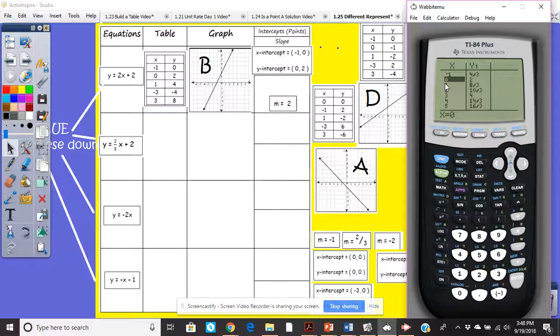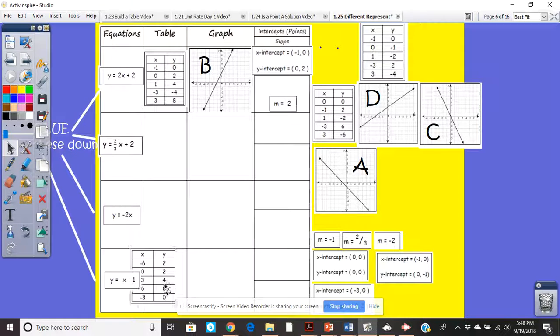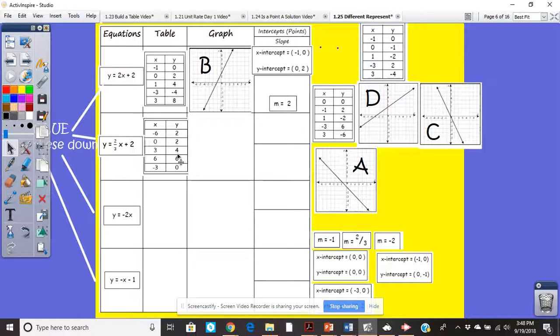Oh, that is right. So I need a 0 and a 2, and then we've got to pick another point that will work. So let's look at 3. When x is 3, y needs to be 4. So this is the only table that I have that matches.